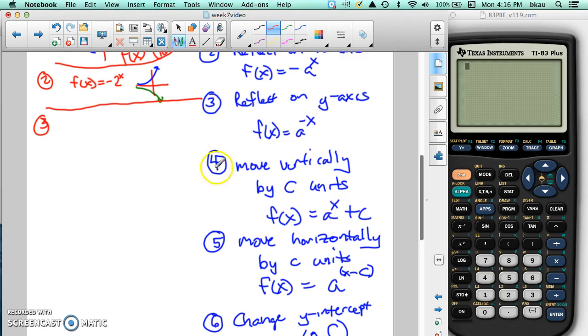So when we have f of x equal to 3 to the negative x, that's actually the same as f of x equal to the reciprocal to the x power. Those are the same. It causes that reflection.